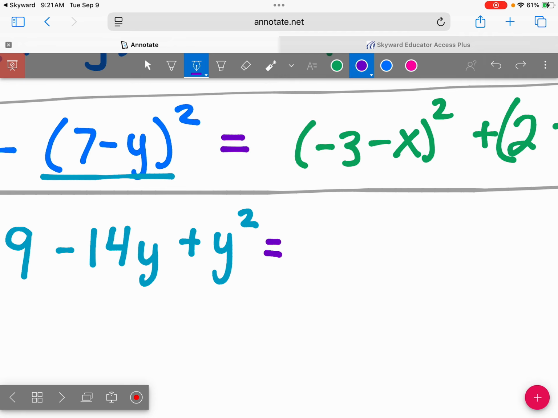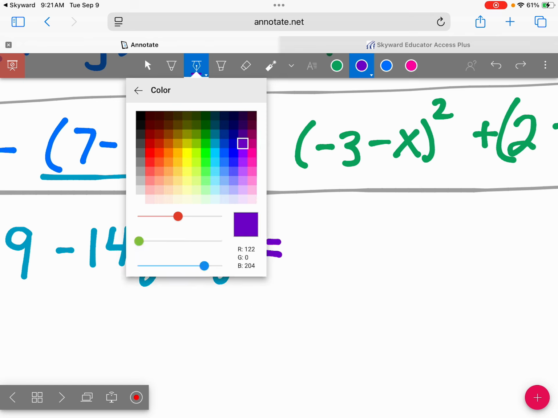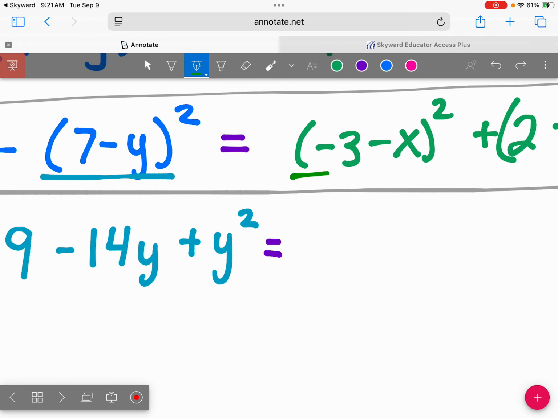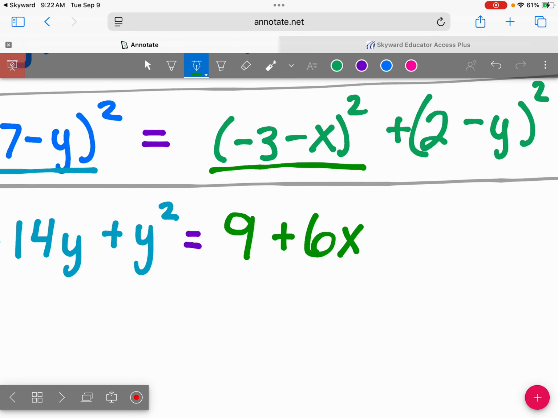Same thing on the other side. So we're going to have our -3 minus x, and minus 3 times minus 3 gives us a positive 9. My minus x times minus 3 gives me a plus 3x, and then another plus 3x, we get plus 6x. And minus x times minus x gives me a plus x squared.